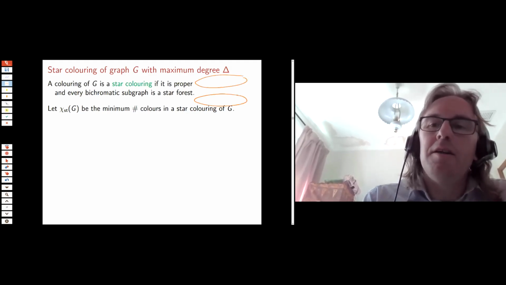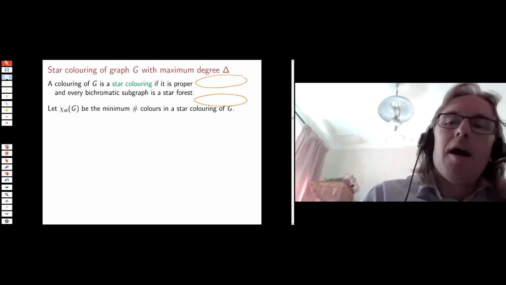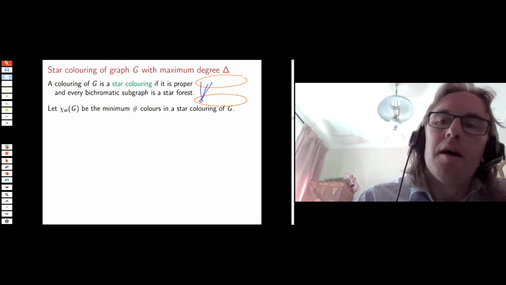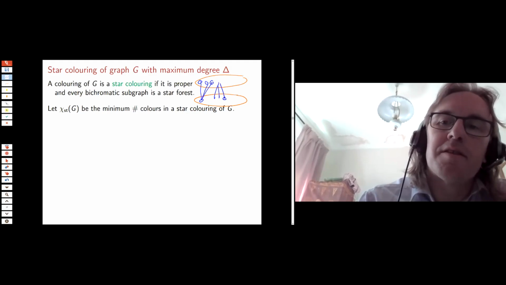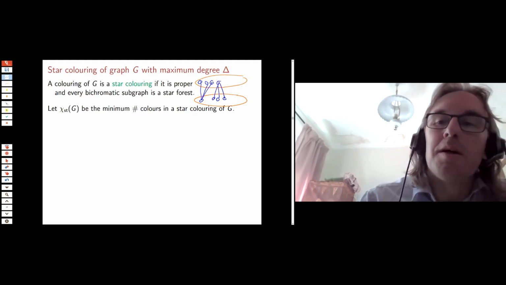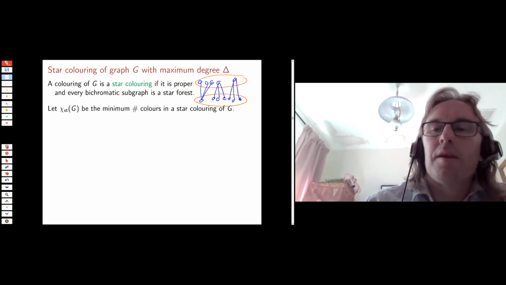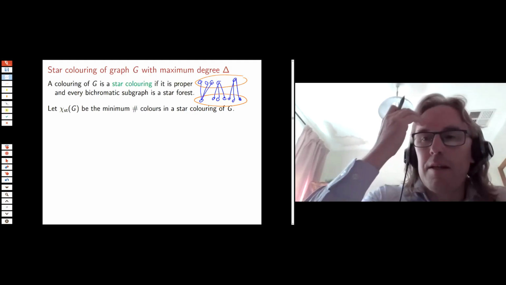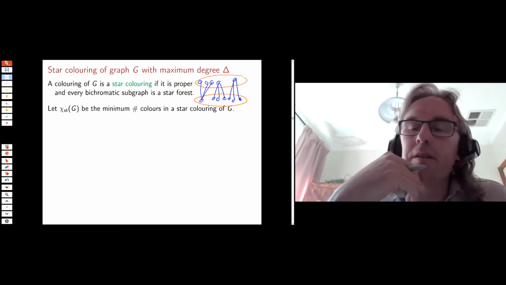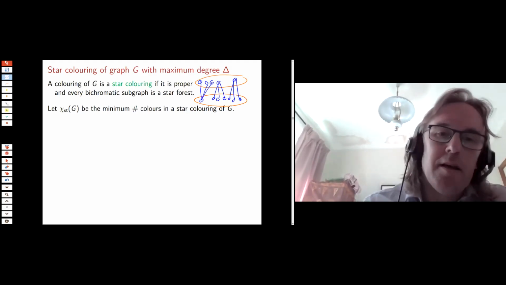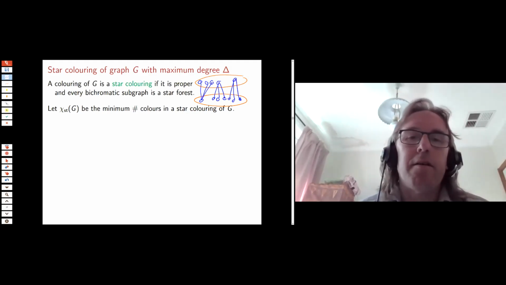I take any 2 color classes and look at the subgraph induced by those 2 color classes, and the rules of the game say that you must have a star forest between these 2 color classes. So it's acyclic, and in fact it's a forest of stars. And then we denote by chi sub st the minimum number of colors in a star coloring of G.